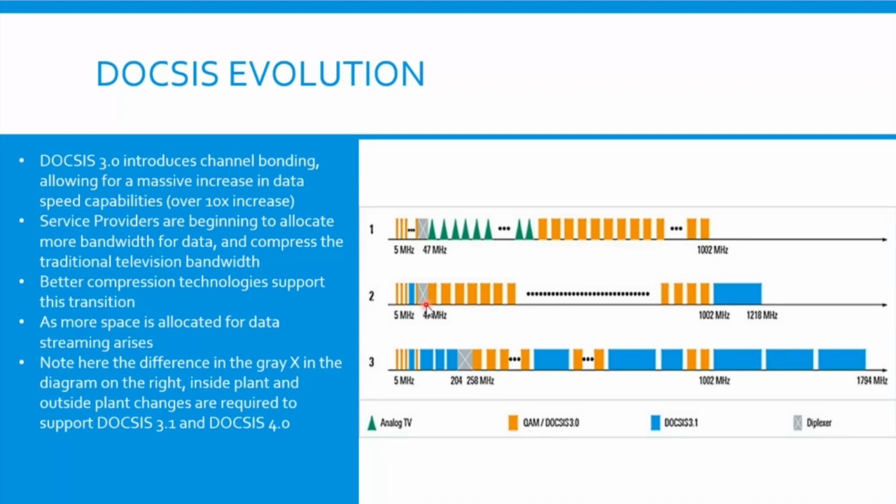Now, in this environment here, in this DOCSIS 3.1, DOCSIS 4.0, DOCSIS 3.0 environment, that same 6 megahertz wide channel is actually able to contain 15, 20, 1080p or 720p quality programs. It can contain a full 4K HEVC program.